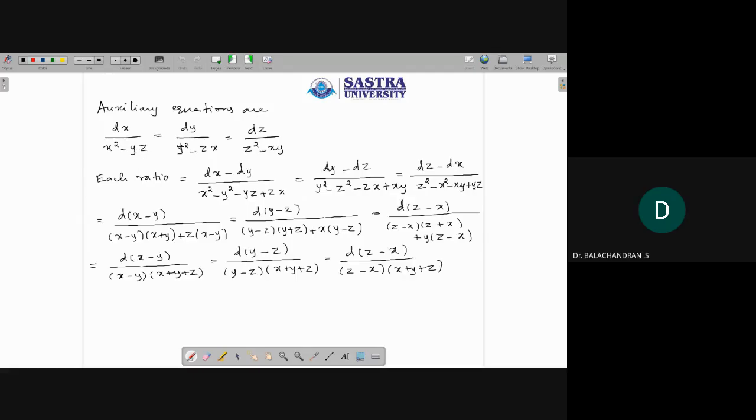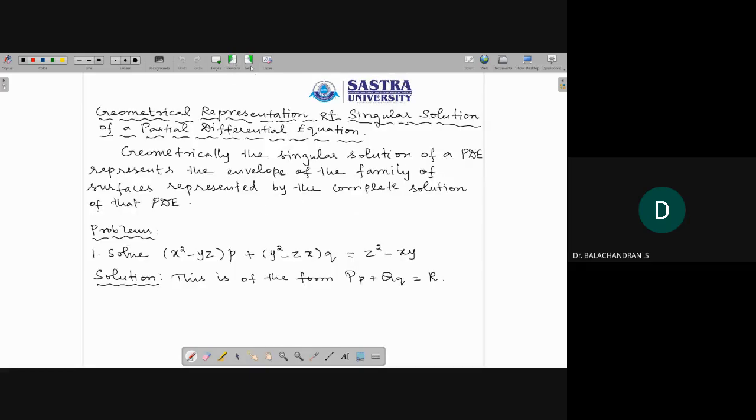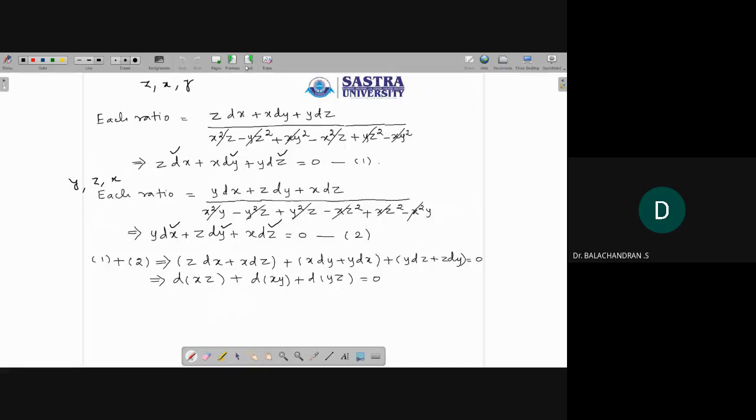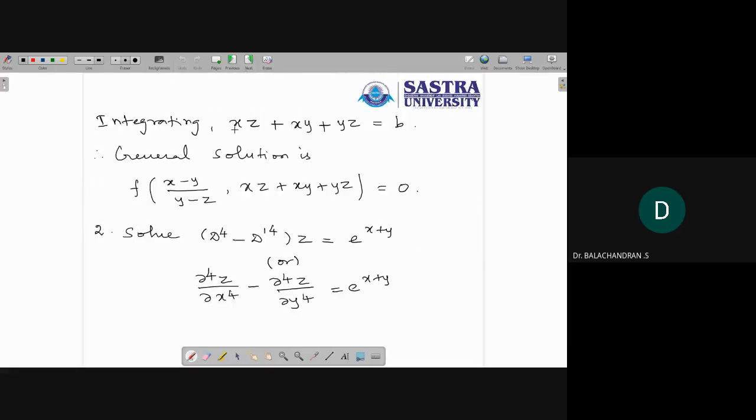Here yz, here zx, here xy, and x square, y square, z square are fixed. So we should analyze the given problem also. You should analyze the given problem, and this is a little bit like research.